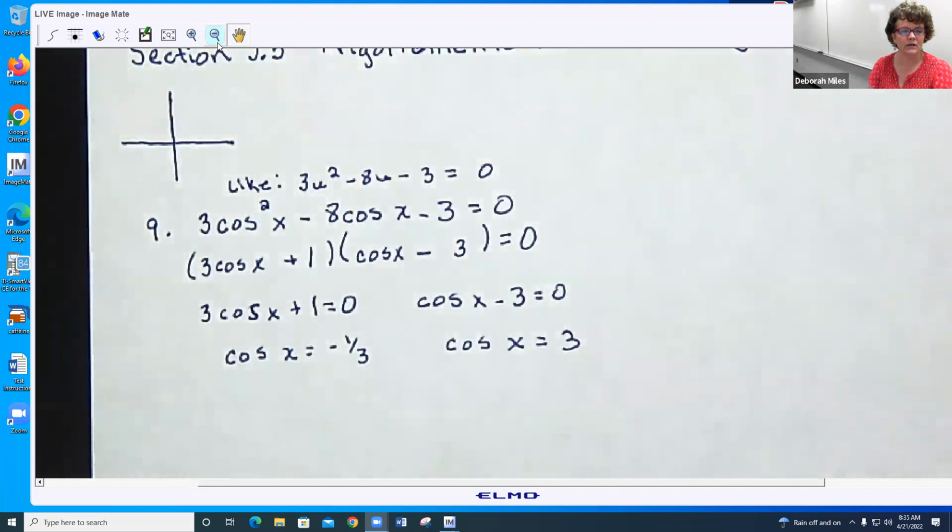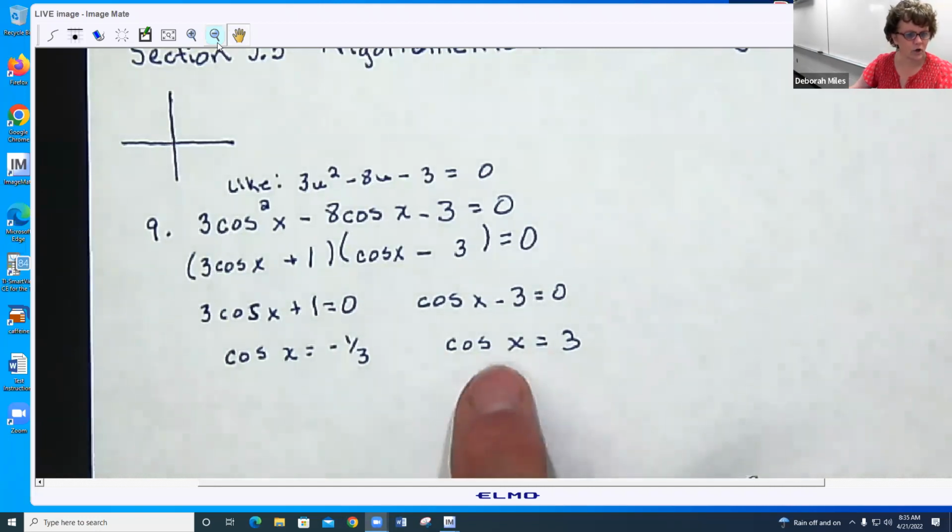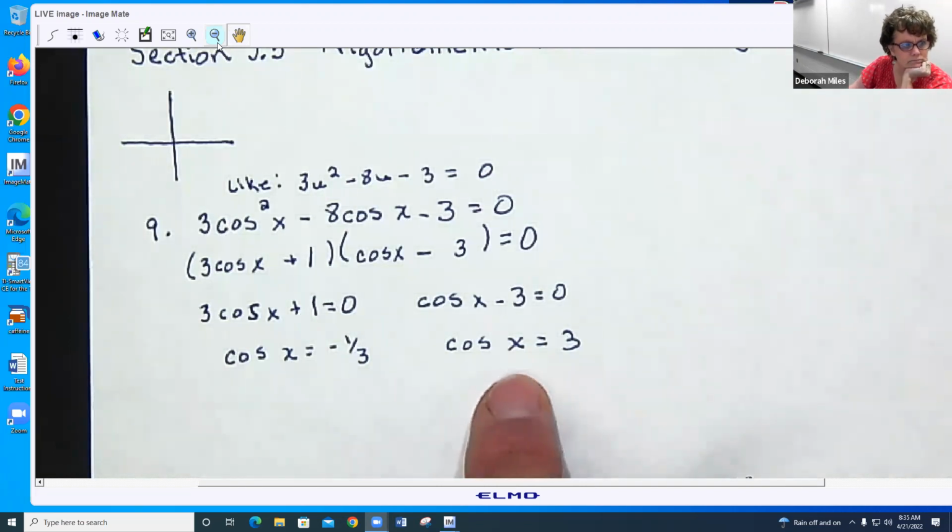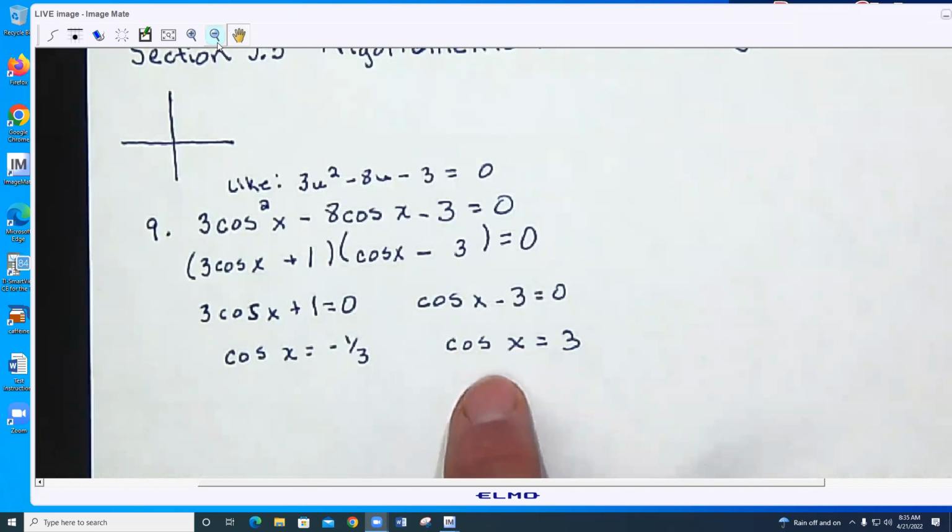And now I see why it's in a different objective. What can you tell me about this equation? Cosine x equals 3. What angle? It's out of the range.